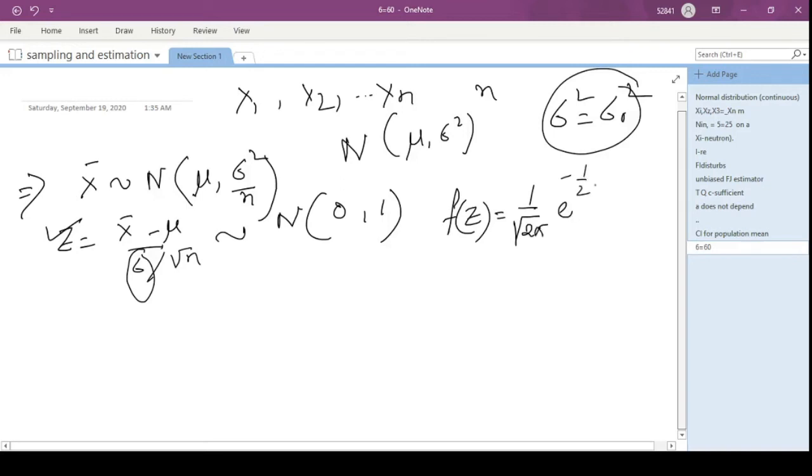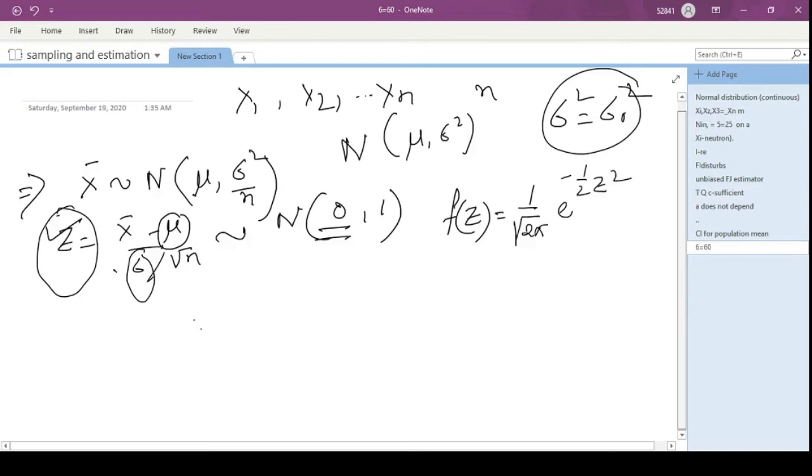And z is from minus infinity to plus infinity. Now, the distribution of z is independent of the parameter mu, because it follows the standard normal distribution. Hence z can be used as a pivotal quantity.